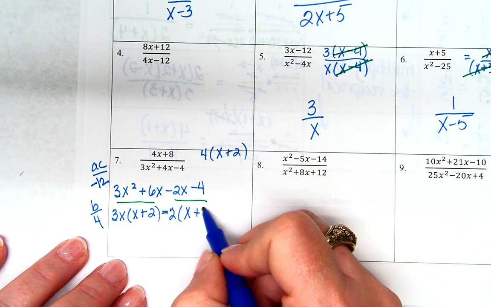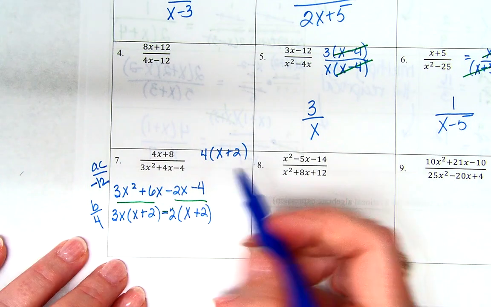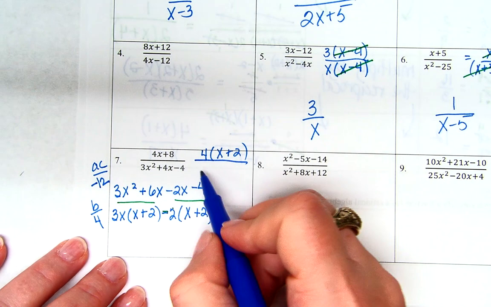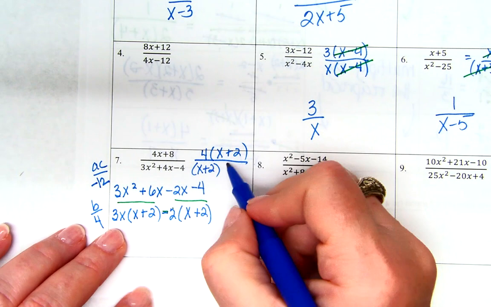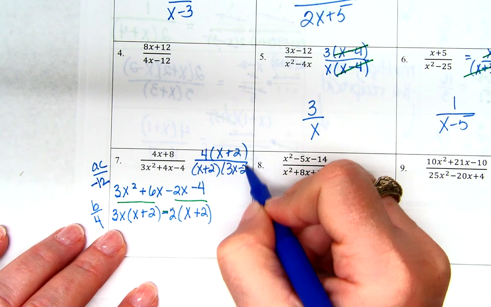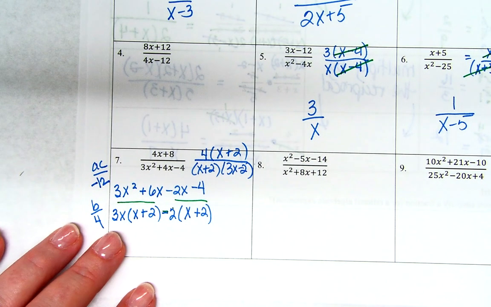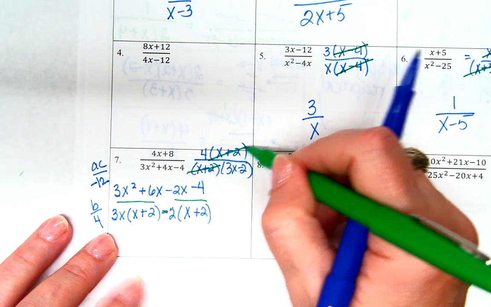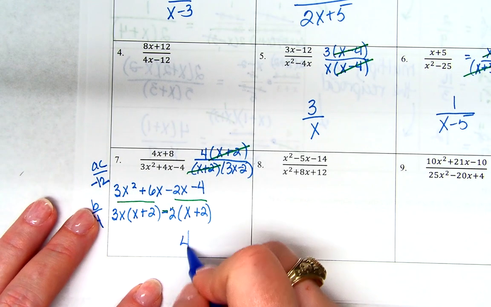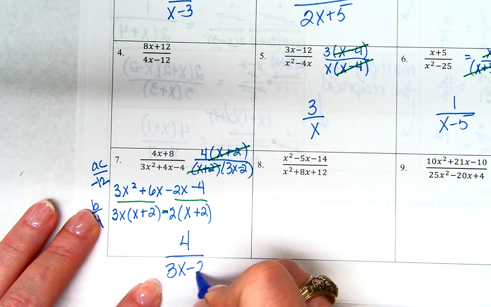An x plus 2, right? Now what's common in these two terms? An x plus 2, and what's left over if I factor out an x plus 2? So now what simplifies up here? X plus 2, x plus 2. So what we have left is 4 over 3x minus 2.